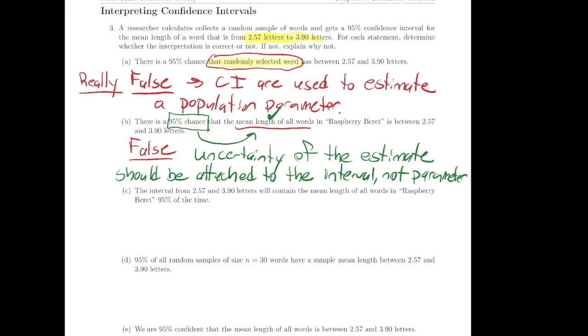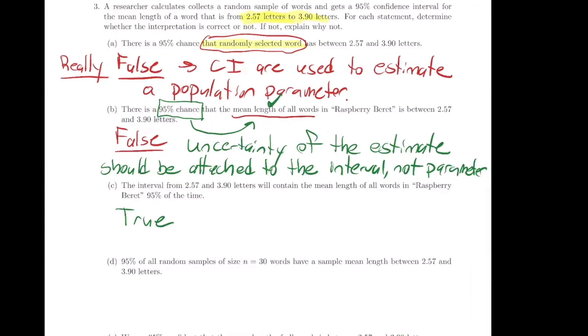Okay, interesting. So in C, everybody thought that one was false. Guess what? This one is true. I fooled you all. And here, the idea is we are using this interval to make an estimate for the mean length of all words. So that part is good. And it's saying that this interval is going to contain it 95% of the time.